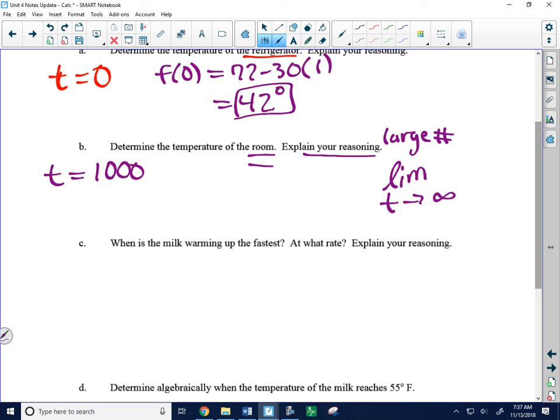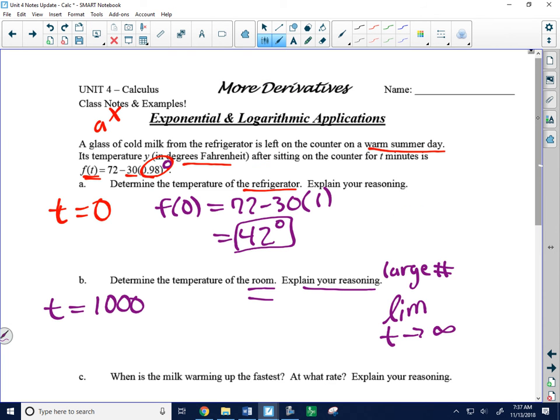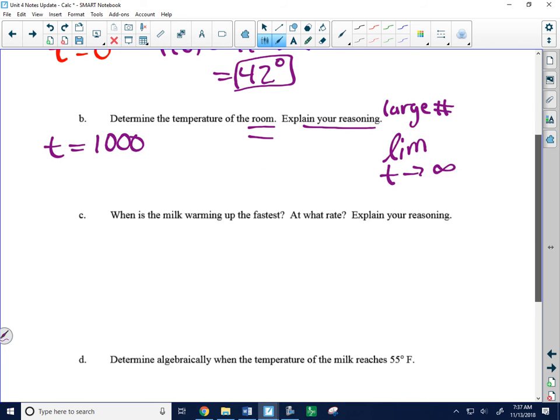So you can evaluate the limit of this function as t goes to infinity, or you can just plug in a significantly large number. So we'll stick with 1,000. I wonder what I did. Oh, I did the limit question actually, so that was fun.